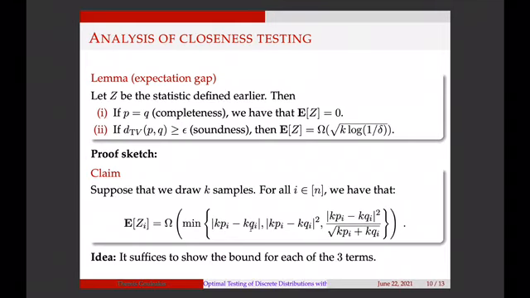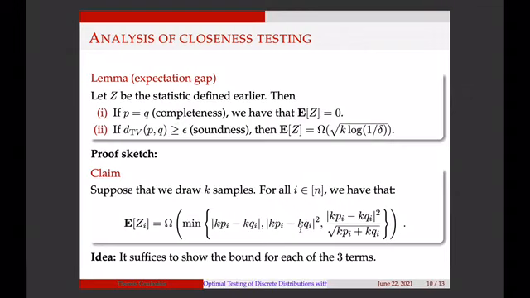K Pi minus K Qi, where Pi and Qi are the probability mass assigned to this element by distribution P and Q respectively, or these other terms.